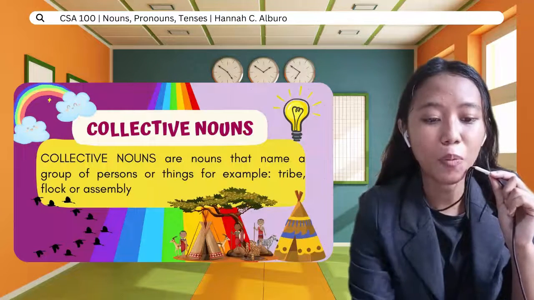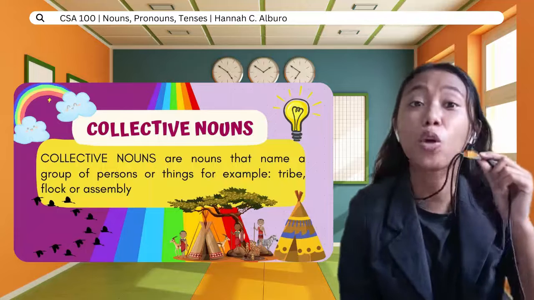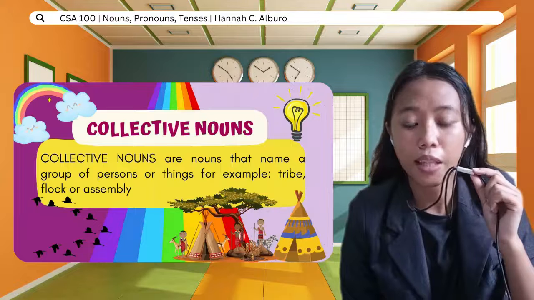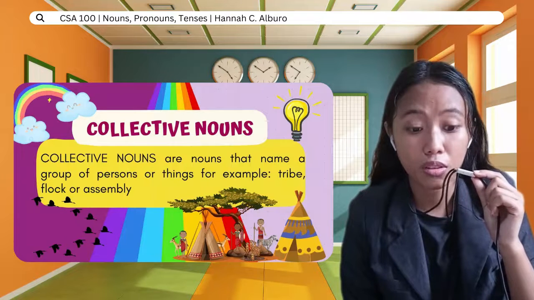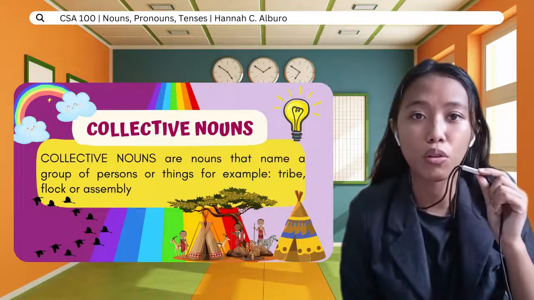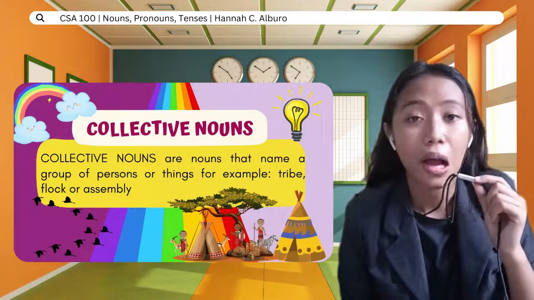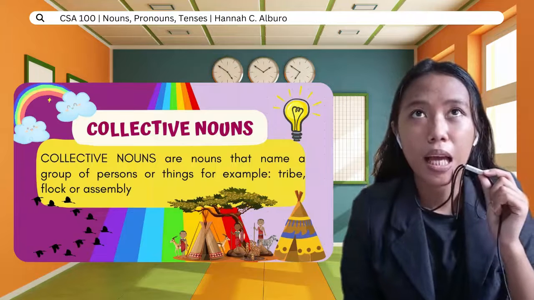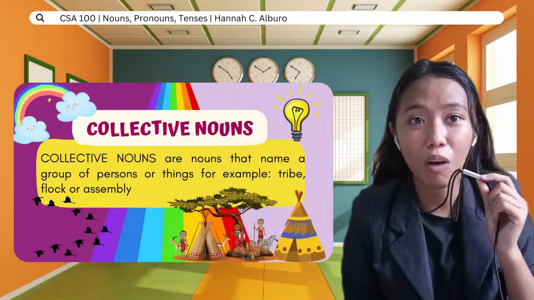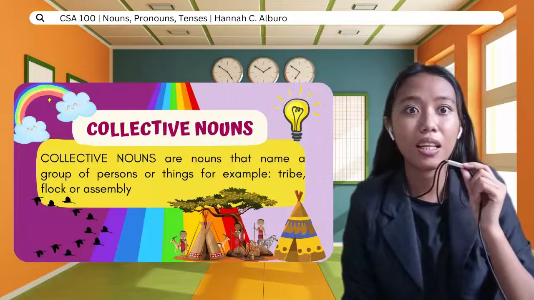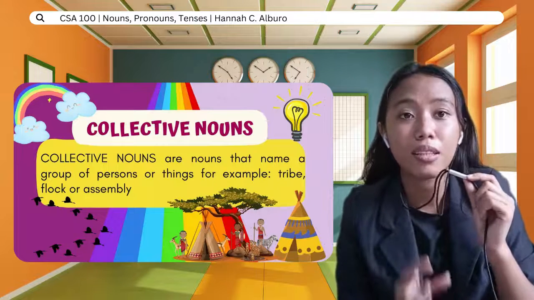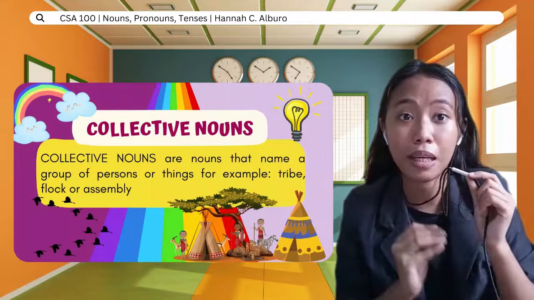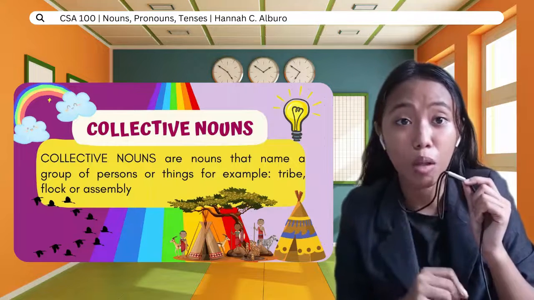Okay. Now moving on, let us now move on to the collective nouns. So collective nouns, these are nouns that name a group of persons or things. For example, tribe, flock, assembly. So if you can still remember, I have been using collective noun as a reason why such things can be classified as uncountable noun.